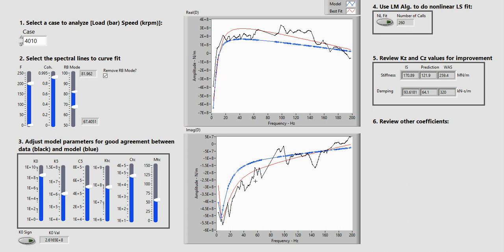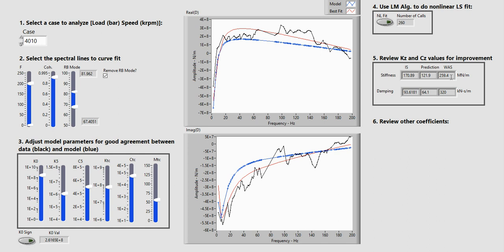Qualitatively, it does a good job. It captures this low frequency dip in the imaginary part, the straight line slope through higher frequencies. It captures the similar behavior in the real part, and the identified coefficients are again in much closer agreement to predictions than they were with the 1 degree of freedom model.